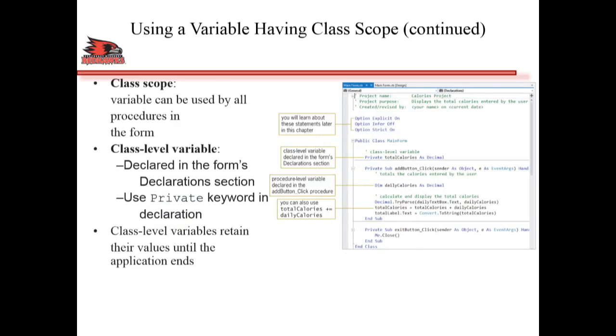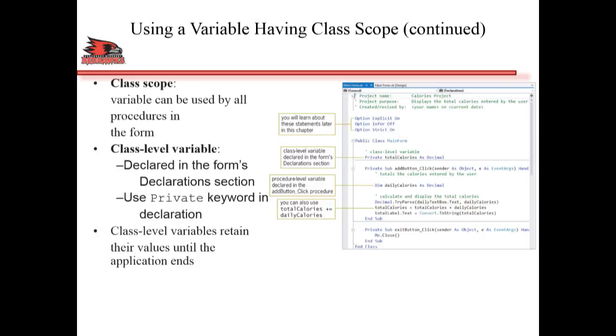Anyways, here we see an example of a class level variable. You see in the picture, private total calories as decimal, that line of code is basically defining a class level variable, and this variable is seen by all the event procedures everywhere in the program. It is accessible, and that's what a class level variable is, and they last until the application ends.